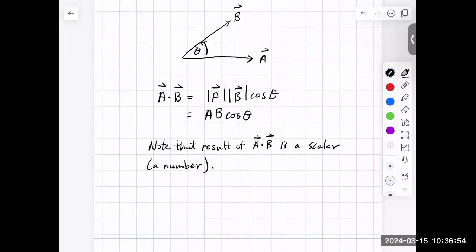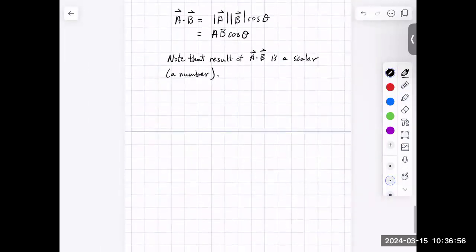So the cross product is going to be, here, we'll keep that up there. So cross product. We'll just draw the exact same scenario. So we're going to have vector A, then we'll have some other vector B, and there's some angle between the two.